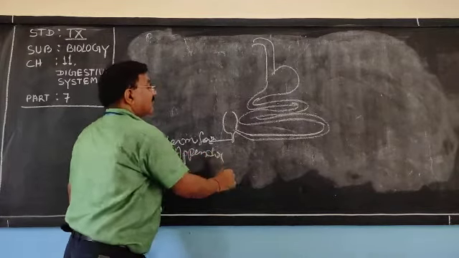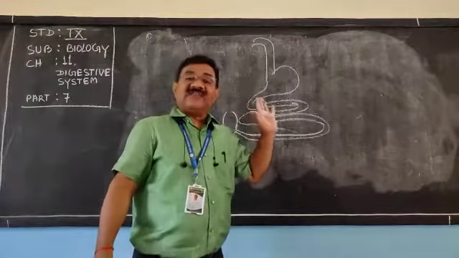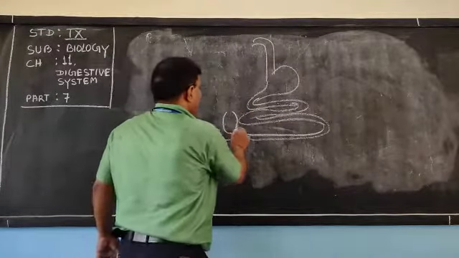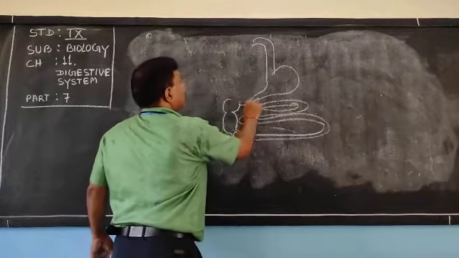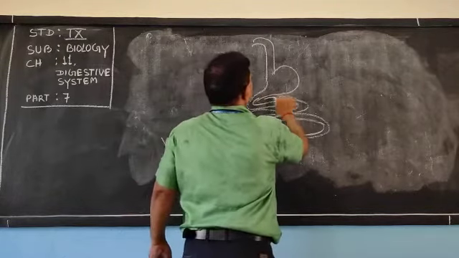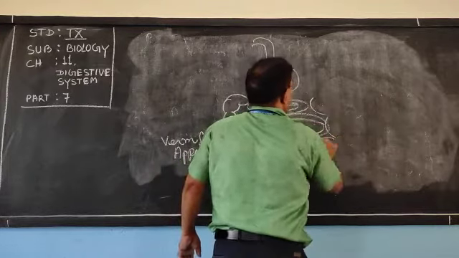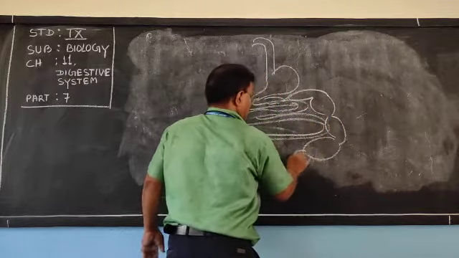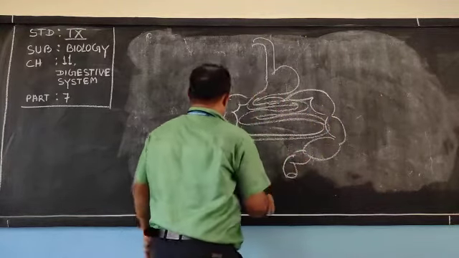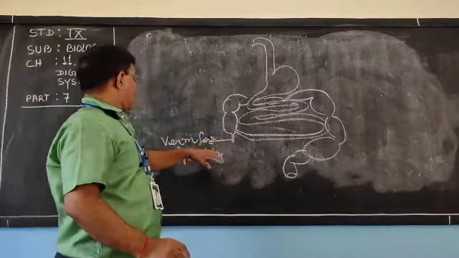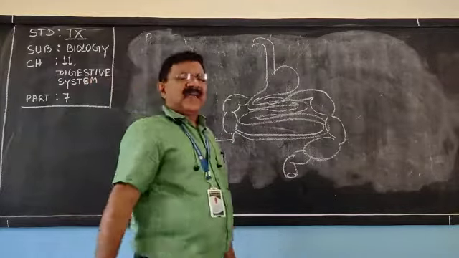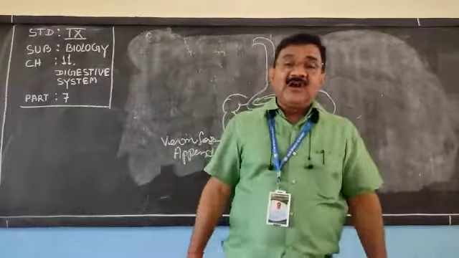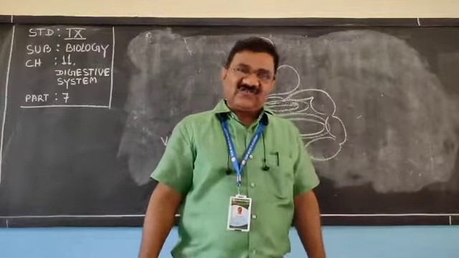Now, dear children, from here the large intestine starts, and you can see the large intestine will come here. This is the vermiform appendix, and sometimes due to inflammation in this appendix, a disease known as appendicitis is caused.